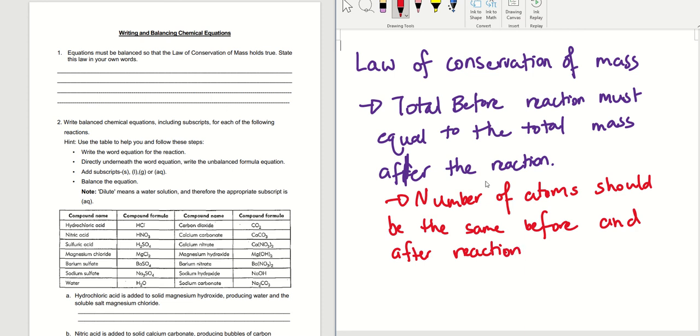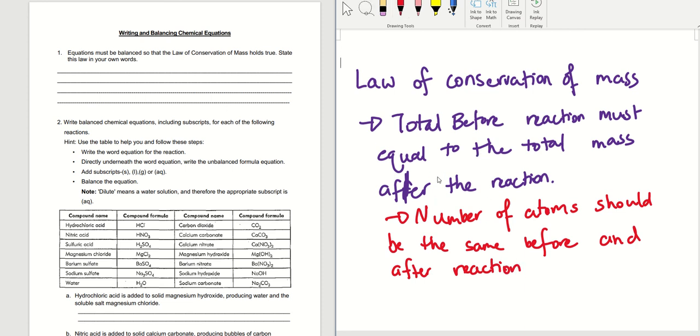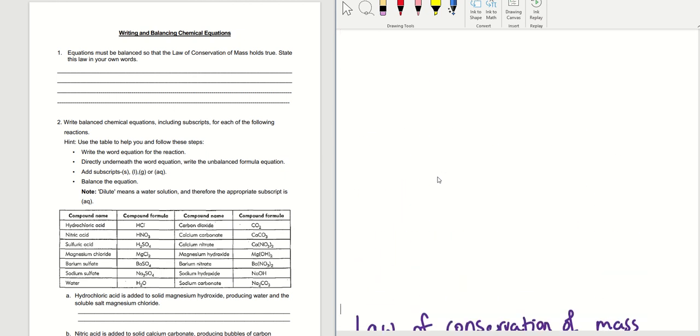That's what we're looking into, and that actually governs the way we balance chemical equations. So move that down.